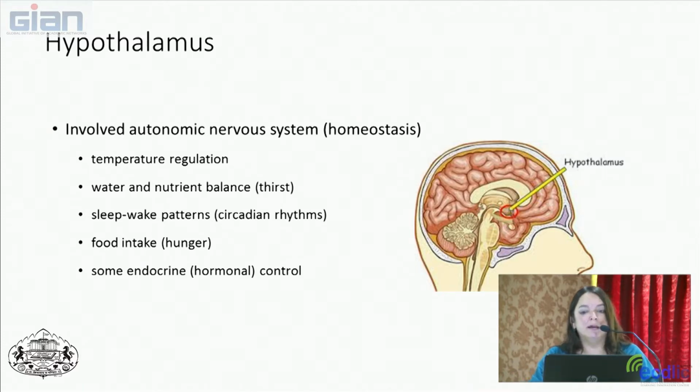So the hypothalamus is thought to be related to temperature regulation, water and nutrient balance, thirst and hunger, sleep and wake patterns, which are called circadian rhythms, which are the ones that sort of keep us in the rhythm of going to bed at night and waking up in the morning, sort of the ones that get shaken up with jet lag.